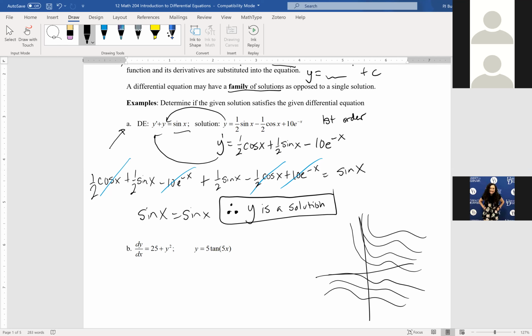And when you solve for that c, those coefficients or constants, that means that they pass through a particular point. So that's why it would be general when you have a plus c or multiplied by c, because it could be any of these curves. But if you want it to pass through a particular point, that would be a particular solution.